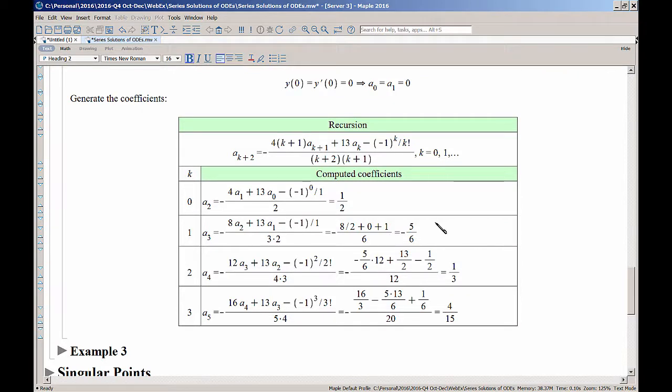And to get the coefficients, you would just make the appropriate substitutions for values of k and see what happens.